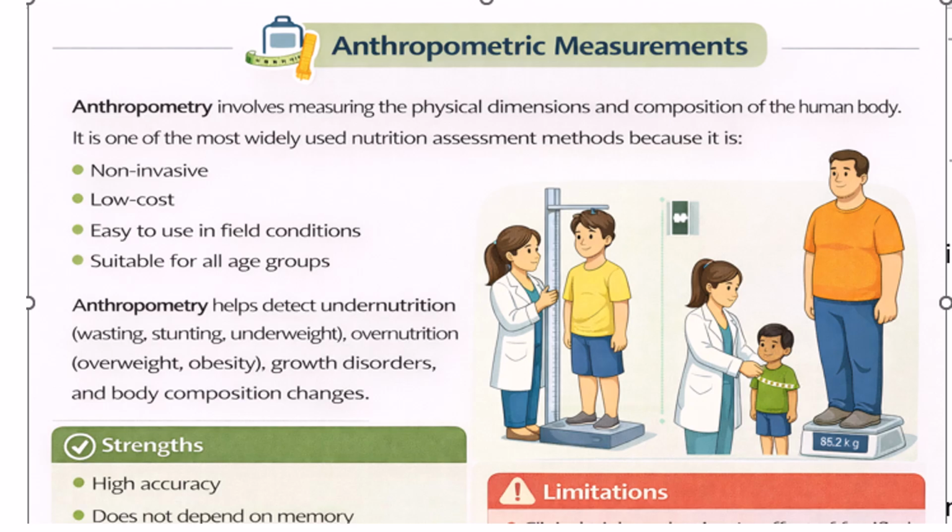It is easy to use in the field premises, and it's also suitable for all age groups. Anthropometry measurement helps us to detect undernutrition, therefore wasting, stunting, underweight, and also overnutrition, therefore overweight or obesity. It also helps us to detect if there is a growth disorder or body composition changes.